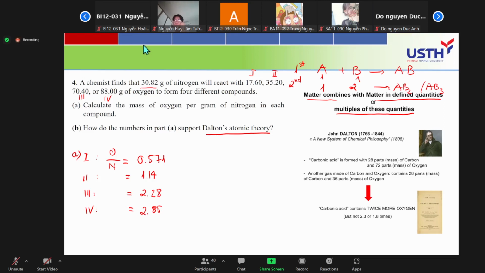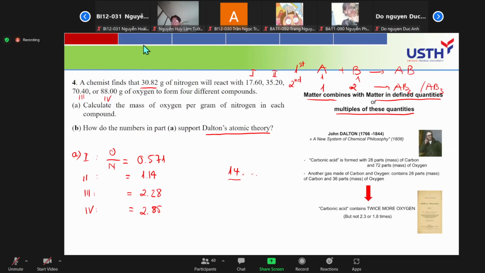If the value is before the point, 14 point something is really 14, but after the point it's not 14 anymore. So let's read it 1.14, 2.28, something like that. Okay, guys? Thank you.